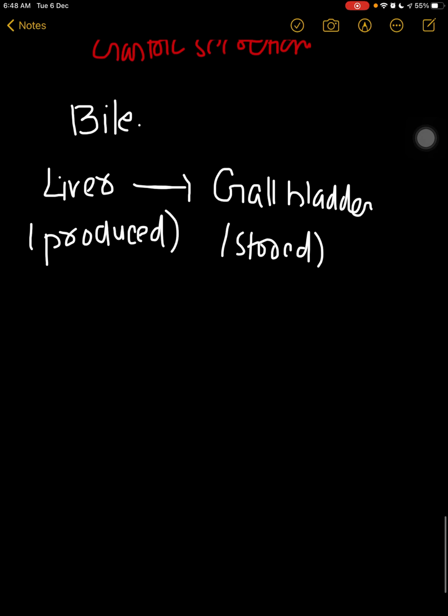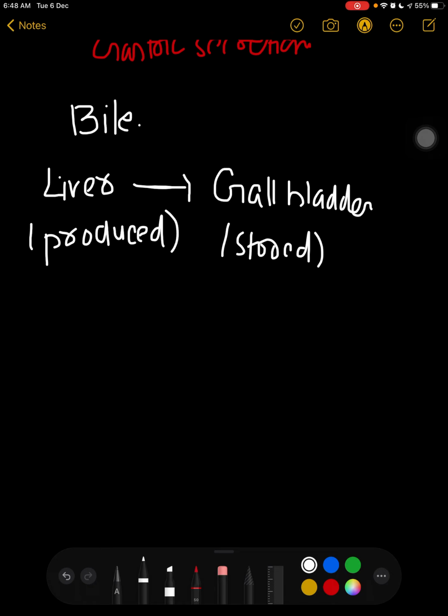Actually, the bile which comes from the liver to the gallbladder is quite diluted, and here it gets concentrated. How does it get concentrated?